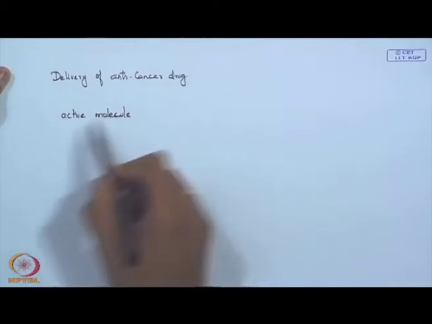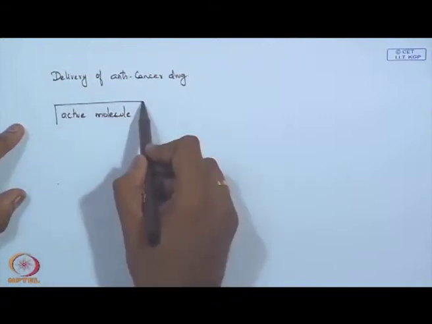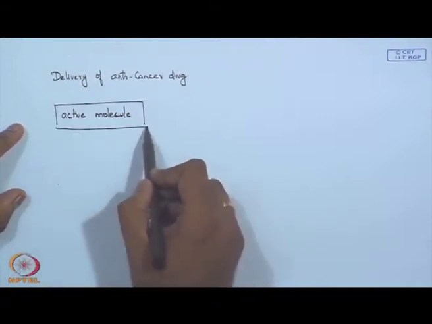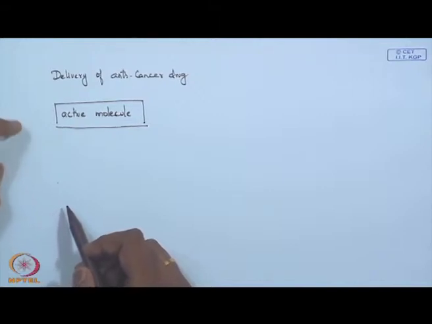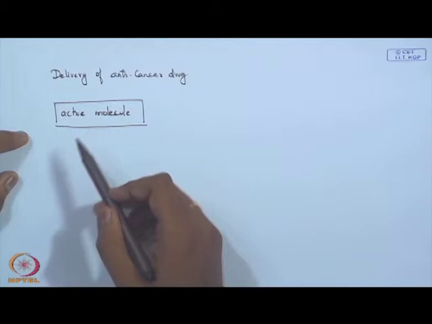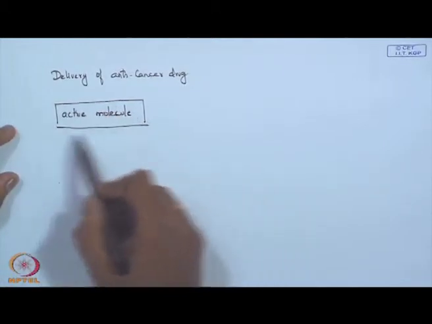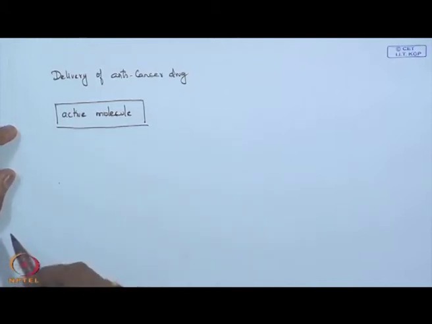So that anti-cancer drug is my active molecule. There are many anti-cancer drugs available in the market which have activity, basically chlorambucil and camptothecin. So this will be my active molecule, my anti-cancer drug.